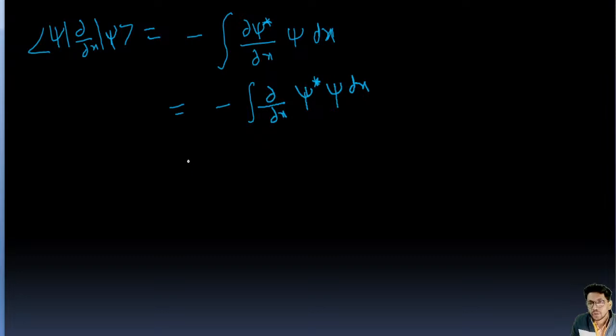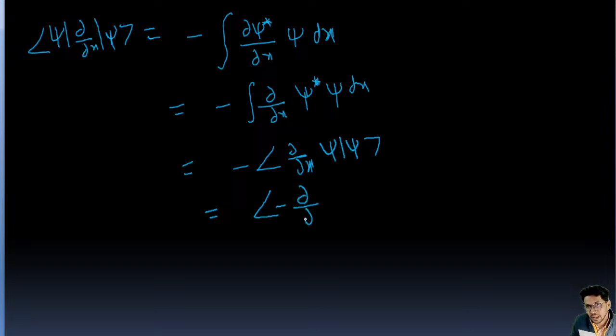So we can write in this form. So this is going to be minus del over del x psi, or we can write minus del over del x psi.